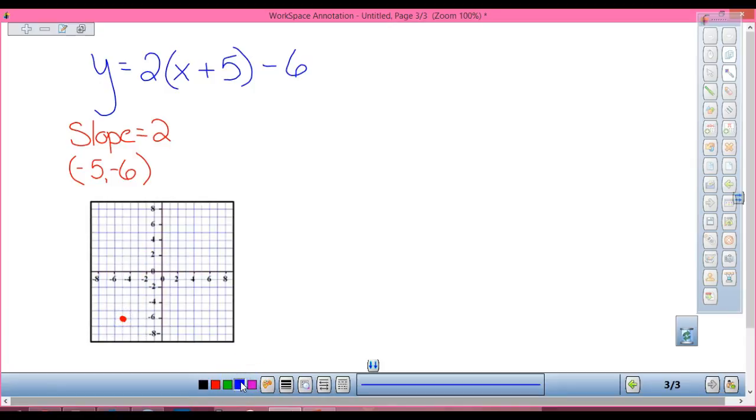Okay, and then according to my slope being 2, Talon, what do I have to do? Up 2, over to the right 1, good. And there's my line.